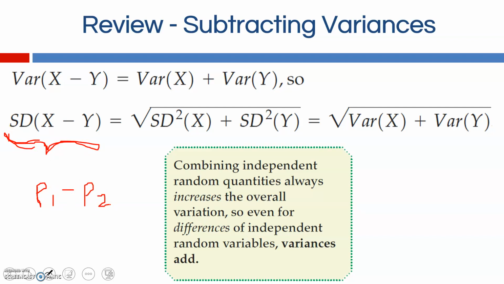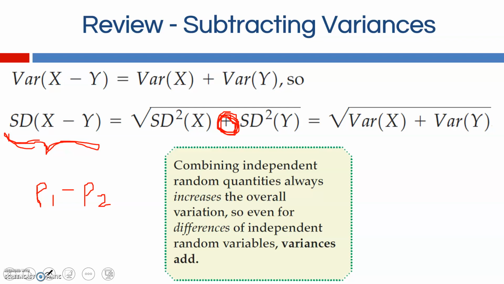Now, the reason why we don't subtract the standard deviations is because we talked about this Pythagorean theorem of statistics. When you want to get the standard deviation of a difference of two independent random variables, you actually have to add, because when you have two variables, you have more variability. You don't get less.